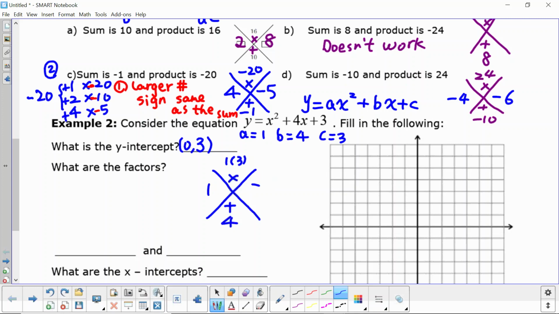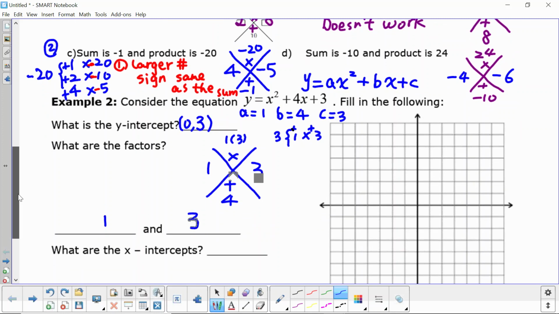So we put 1 and 3 here, and you will see 1 times 3 gives you 3, 1 plus 3 gives you 4. So you only have 1 pair of factors. Add together is positive, so the larger number is positive. Times together is positive, you need the same sign, so both positive. That's the reason you have 1 and 3 as factors for this X game.